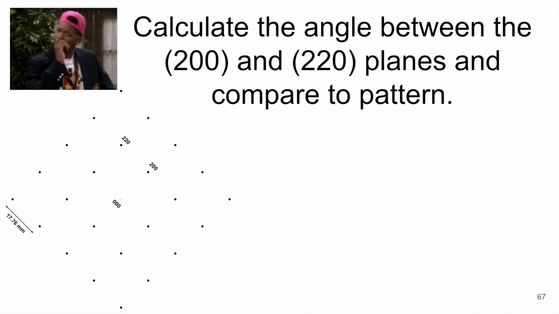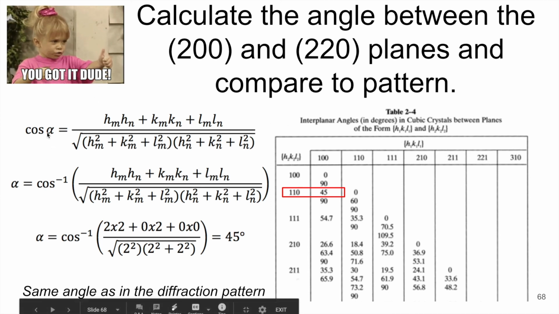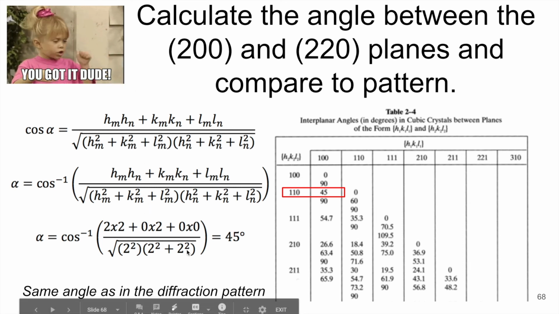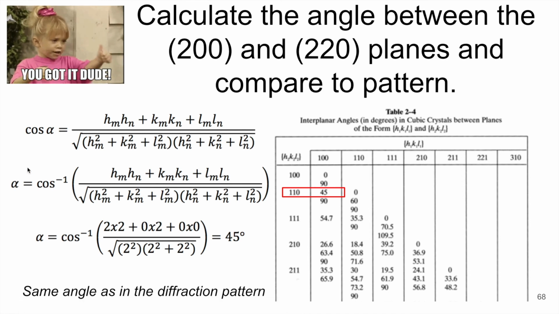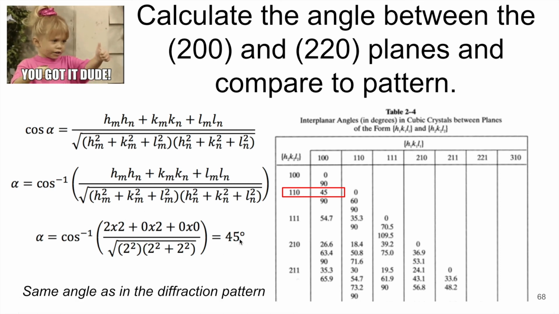All right, let's compare what you've got angle-wise to what I've got. I did it both ways: I've got the angle equation and I've got the table. Here's the angle equation with the two planes. Rearranging for alpha, we get the cosine inverse of the expression of those two planes, and you end up getting 45 degrees. Make sure you're looking at degrees versus radians if you're comparing.